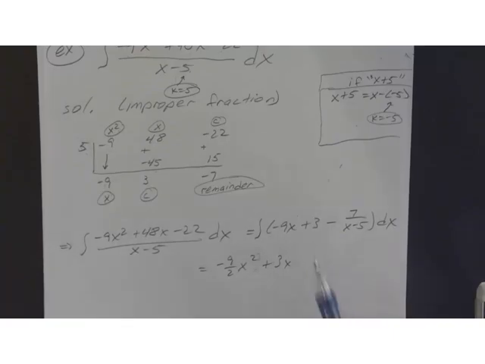And if we factor out that minus 7, that gives us 1 over x minus 5, and the integral of 1 over x minus 5 is just the natural log of |x - 5|, plus C.